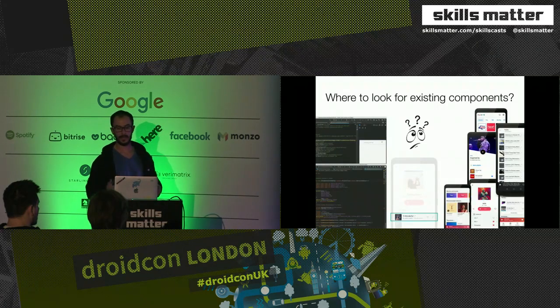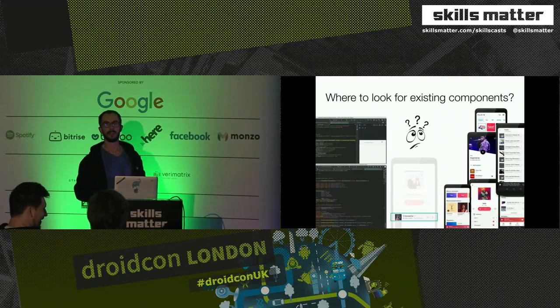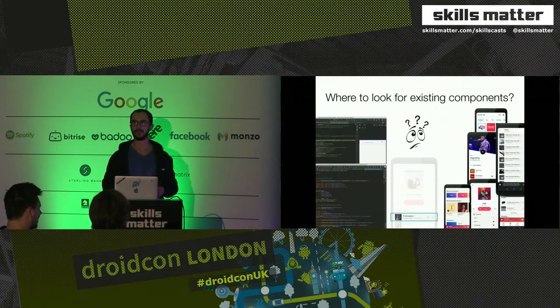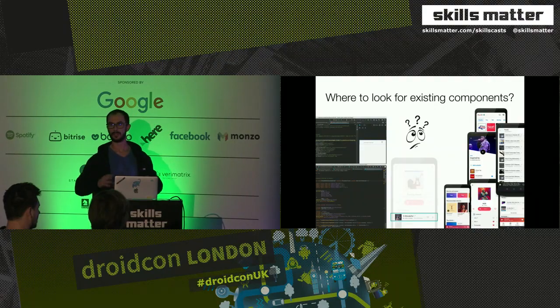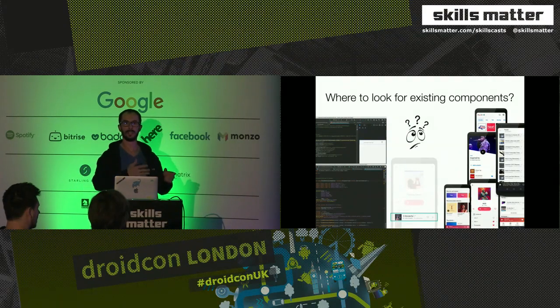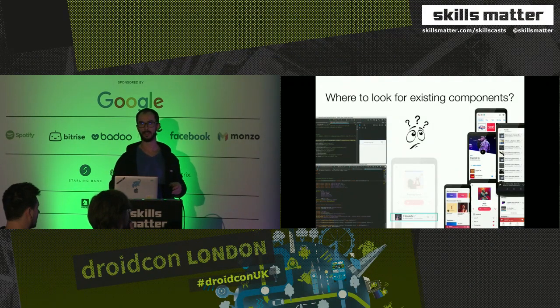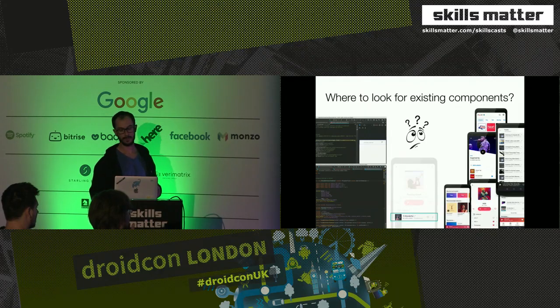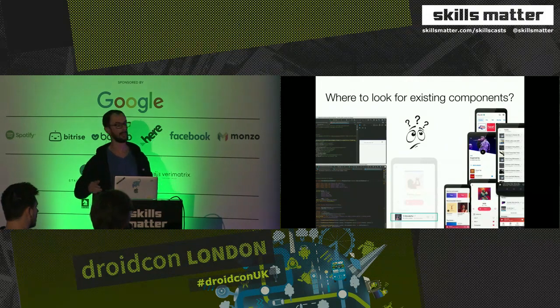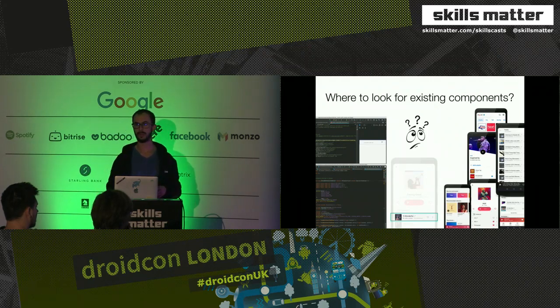Maybe I should search in the code base, but you have probably tried it yourself, and you saw that it's quite difficult to search for something that is only visual in the code base, where search is only by text. Another solution could be to search in the application. Maybe I go over every feature, every screen of the application.